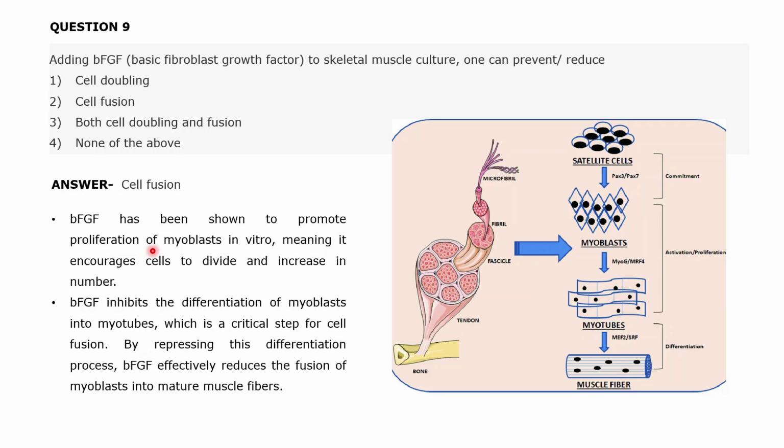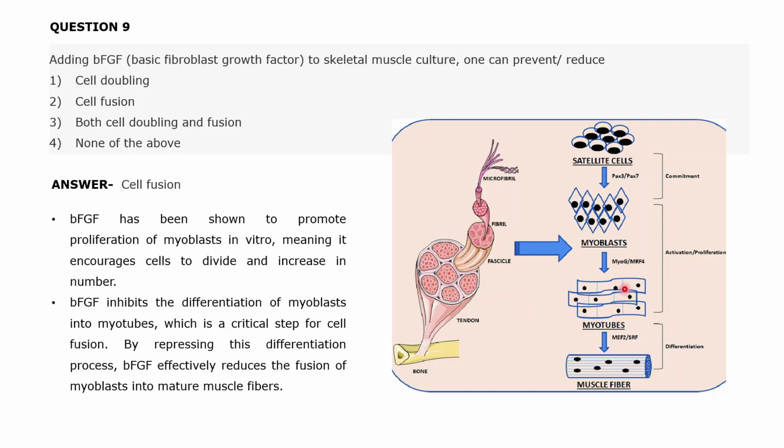If you are providing fibroblast, it generates these growth factors that help in cell doubling or cell proliferation. It doesn't promote cell fusion. If you remove these growth factors or the fibroblast and provide a new media, then the already generated myoblasts pattern themselves to form a myotube, which is a functional unit of a muscle fiber.